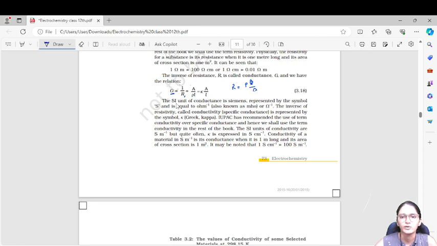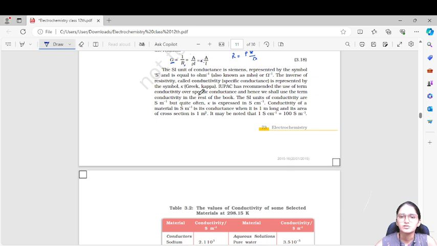So we get A by rho L, and 1 by rho is equal to K, that is conductivity. That's why in place of 1 by rho we have written K, so G equals K A by L. This is the equation for conductance in terms of conductivity. And conductivity is called kappa in Greek, that is, it is denoted by K.